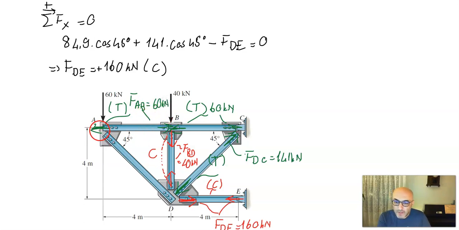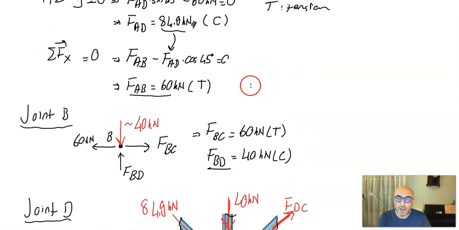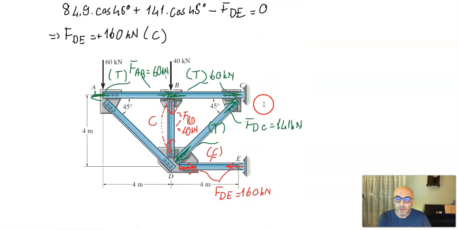And finally, FAD is 84.9 in compression. Using a red pen, my FAD here is under compression, so these forces are compressive forces, and FAD is 84.9 kilonewton.